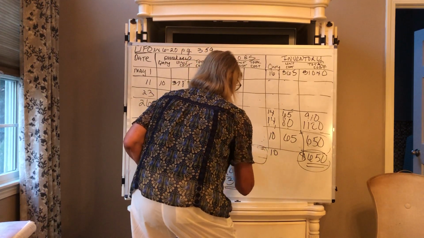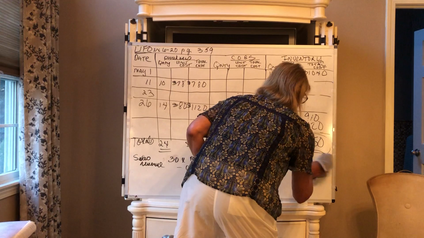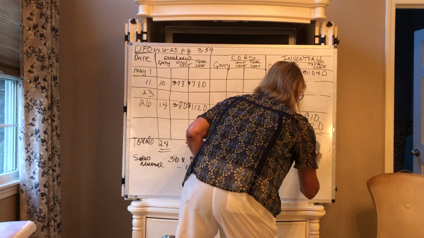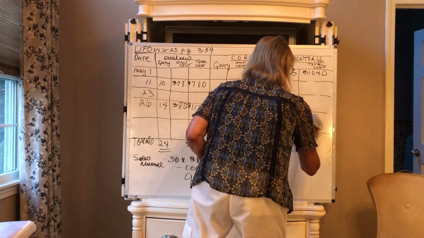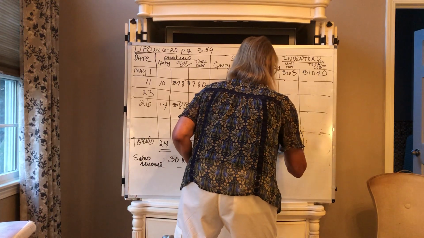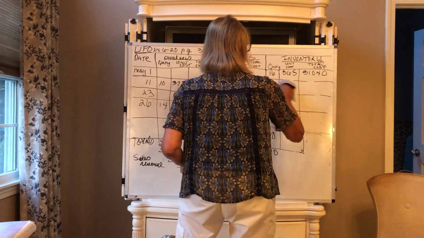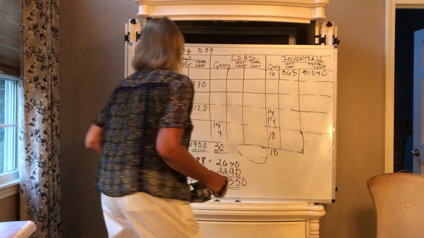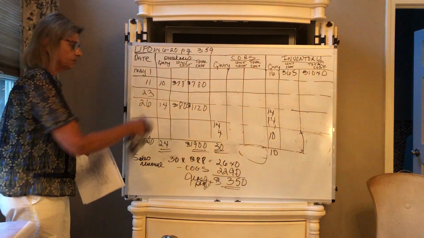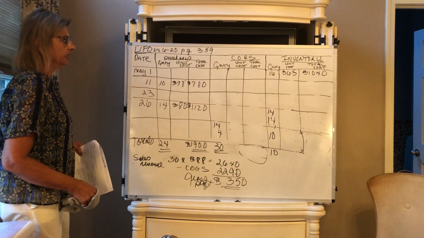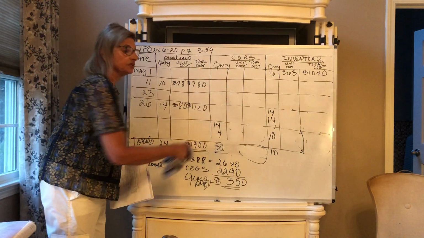Erase that. So I'm basically erasing all the numbers from LIFO, except the beginning. Okay. And I'm keeping the purchases there. And the quantity that we sold is still going to be 30.